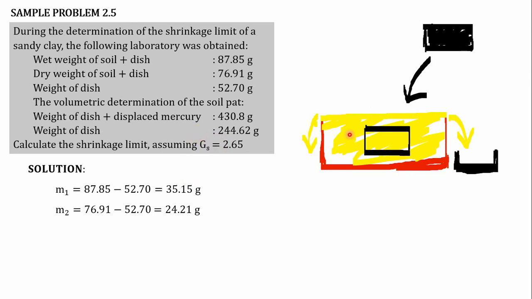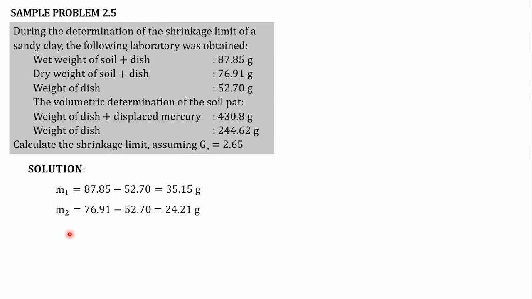So, to solve V2, V2 is equal to the mass of mercury divided by the density of mercury. The mass of mercury is the mass of mercury displaced.